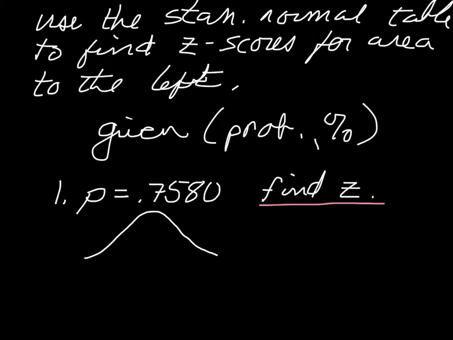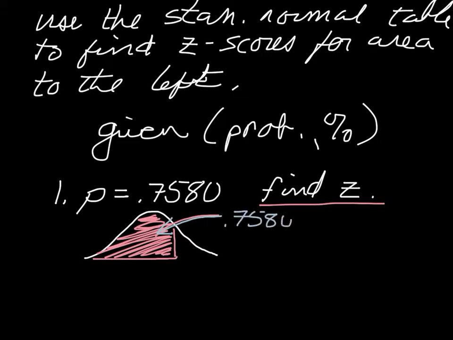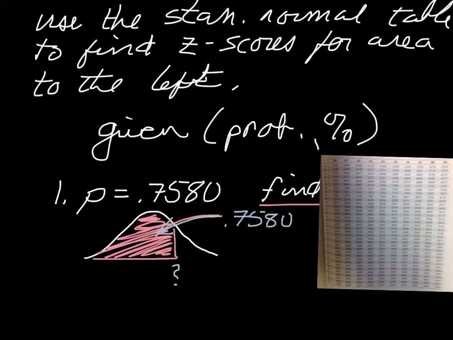Since this probability represents area to the left, and it's greater than 1/2 the area, the z-score will be positive. Always draw a picture, but this is pretty easy to do, and I'll show you how in just a sec.